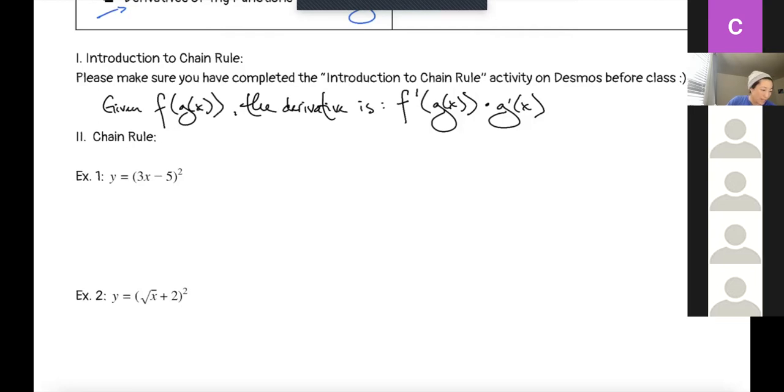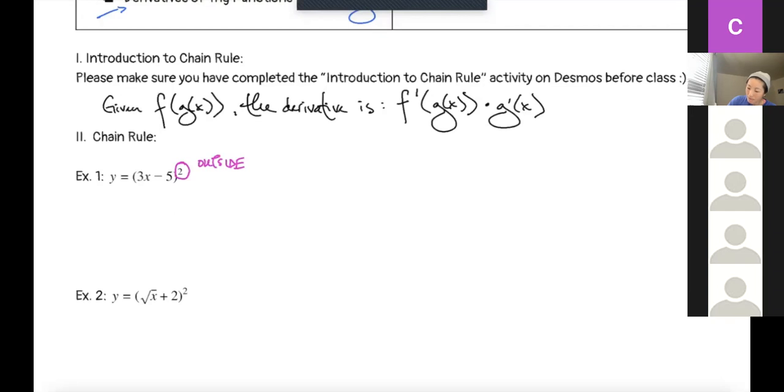All right, so example 1. What do we have as our f function, our outside function? Okay, we have that x squared, right? This one is the outside function.